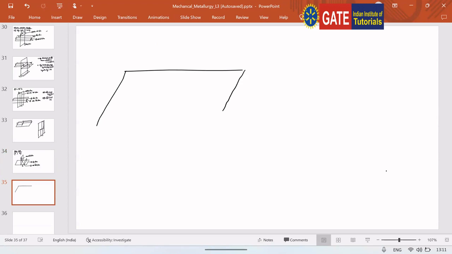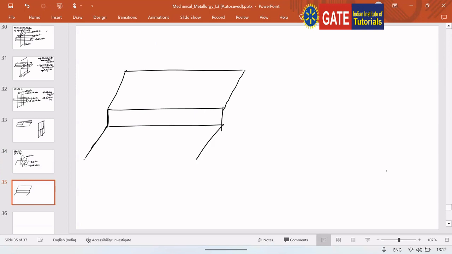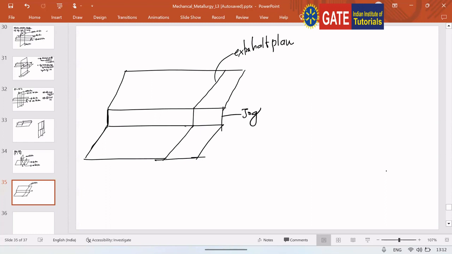Jog means changing the slip plane. And this is your extra half plane. And this is the jog, and the magnitude of the jog will be equal to B2.